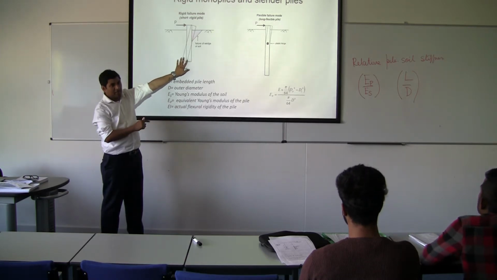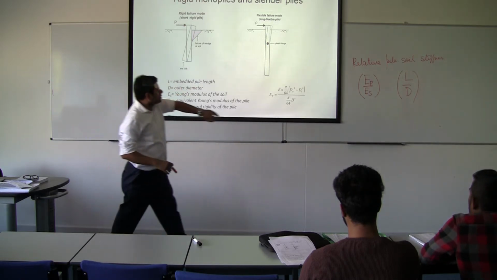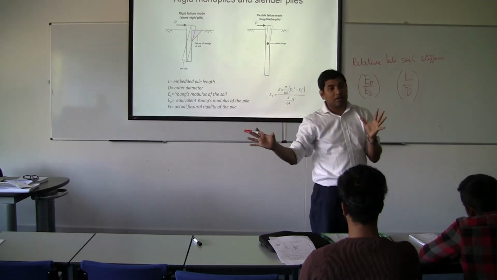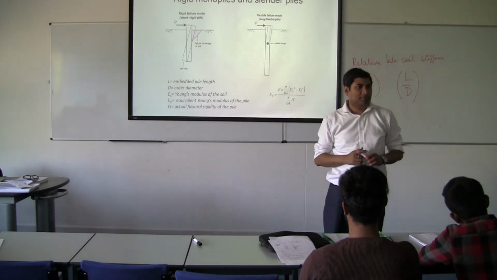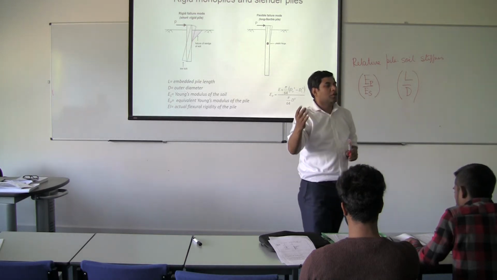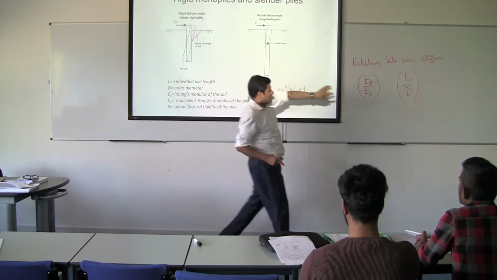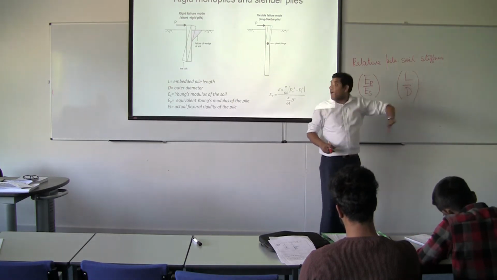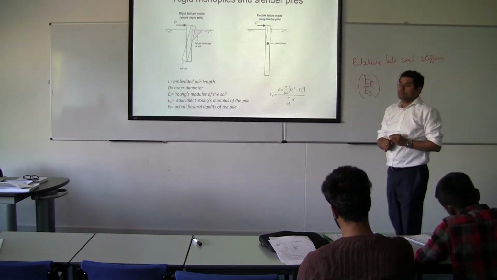Once you know your pile dimension and the soil around it, you can predict whether it will be a rigid or flexible pile. Rigid pile behavior will be mostly governed by this aspect ratio, and flexible behavior will be governed by pile soil stiffness.